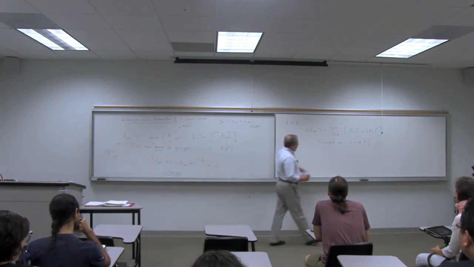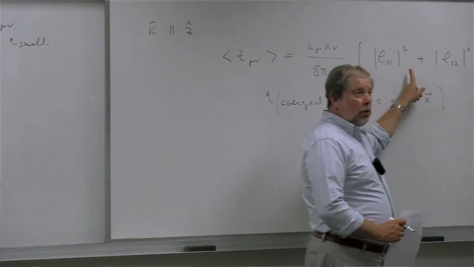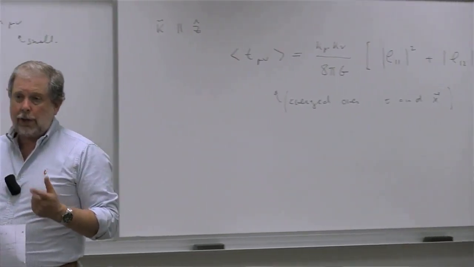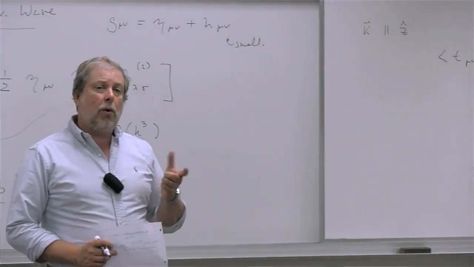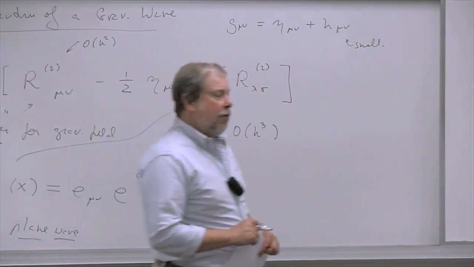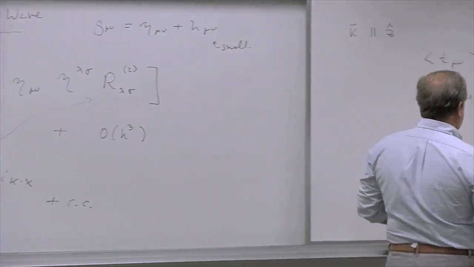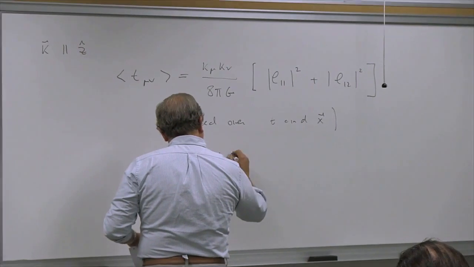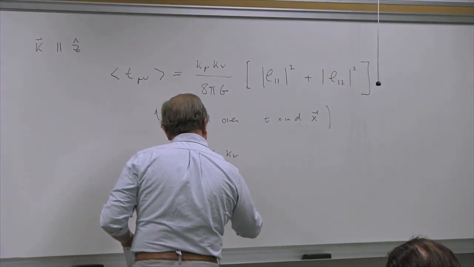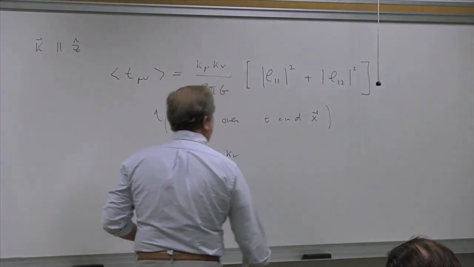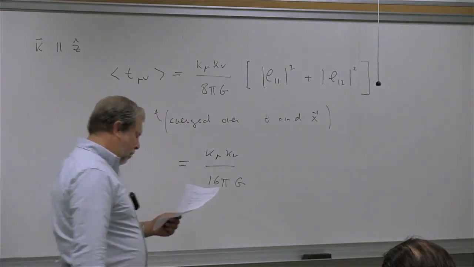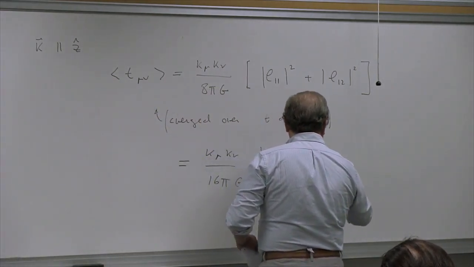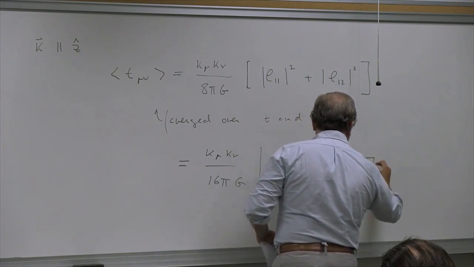And not surprisingly, what we do get is that the amplitude is proportional to the two amplitudes of the waves, which are gauge invariant. Remember that those were the only degrees of freedom left for a transverse traceless wave, those two components. So we can rewrite this as k mu k nu over 16 pi G, in terms of the E plus and E minus modes, as E plus squared plus E minus squared.